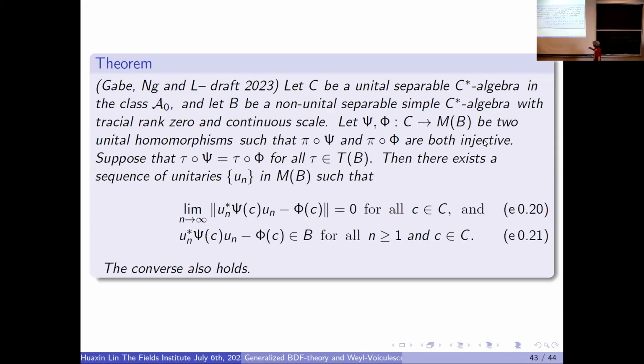That is, there is approximate unitary equivalence. But it also says that there are lots of them. Not every two of them have this relation, only those that induce the same trace. Now, when we say trace, we really mean that the K0 map has to be the same. They have this strong approximate unitary equivalence.